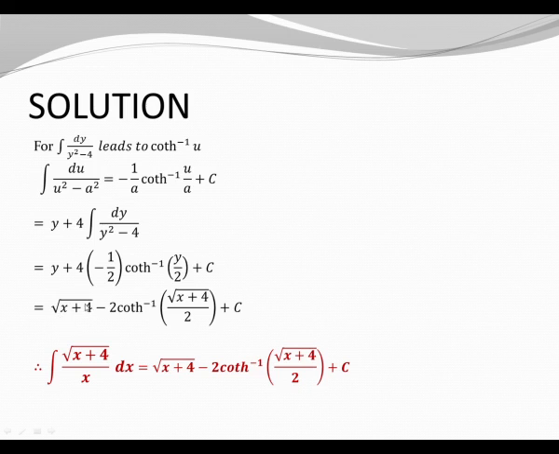So this is square root of x plus 4 minus 2 hyperbolic cotangent, since 4 times negative 1 half is 2, and then inverse hyperbolic cotangent of square root of x plus 4 over 2 plus c. And this is now the integral of square root of x plus 4 over x dx, which is equal to square root of x plus 4 minus 2 inverse hyperbolic cotangent of square root of x plus 4 over 2 plus c.